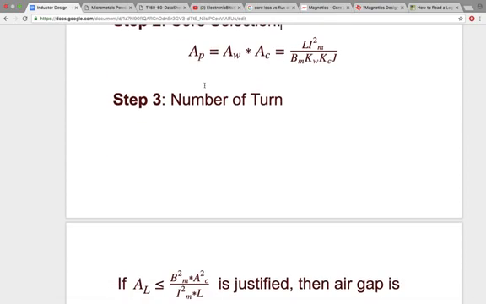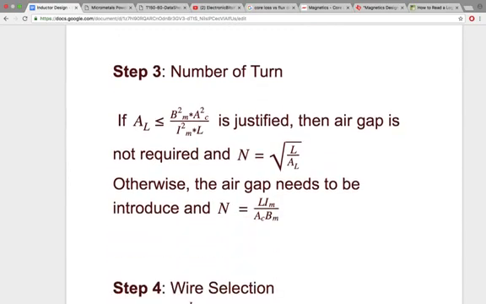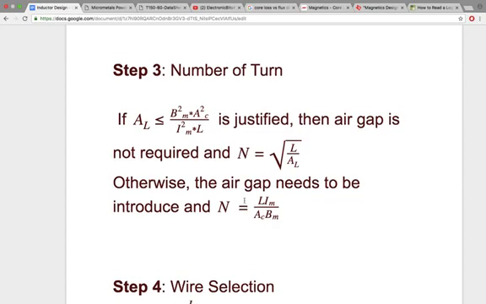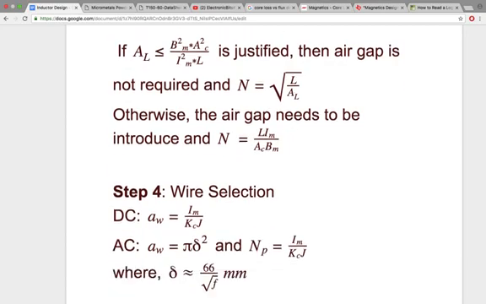Then number of turns calculation. Basically we follow this algorithm. We just check the inequality. If it is justified, we need not introduce an air gap, and we use the AL formula for calculating the number of turns. Otherwise, an air gap needs to be introduced, and then we'll use the Ampere's law formula for calculating the number of turns.